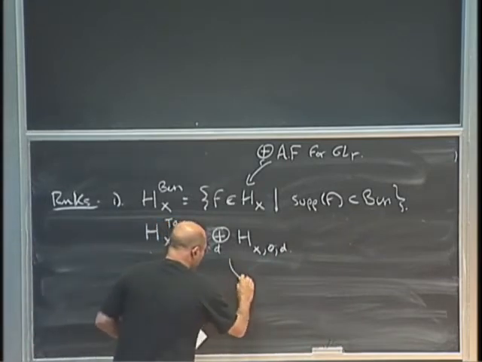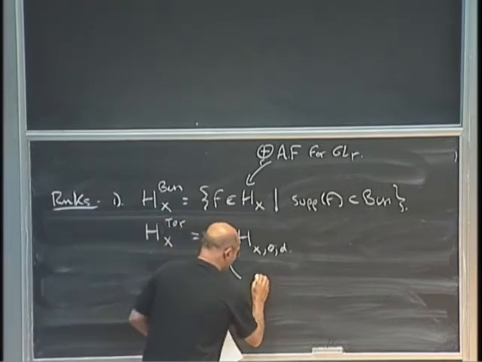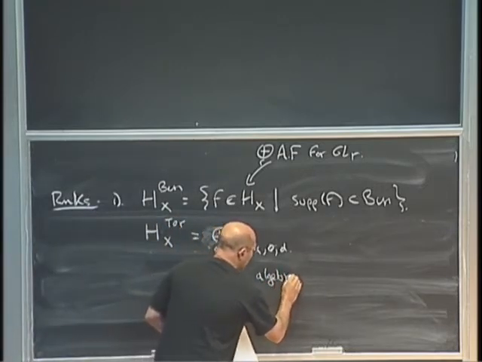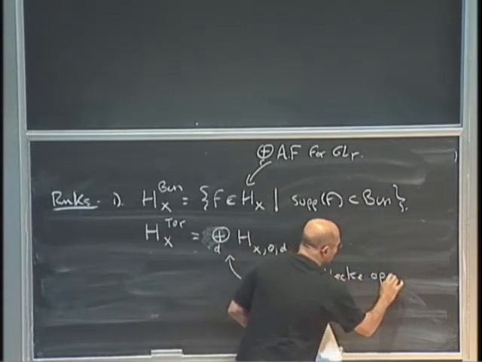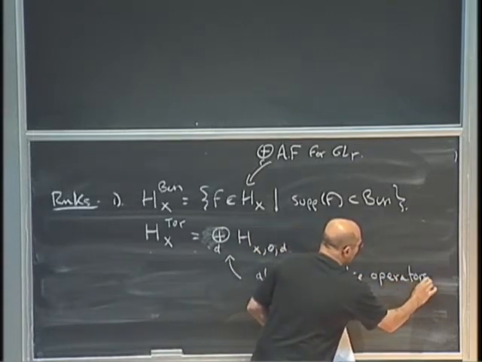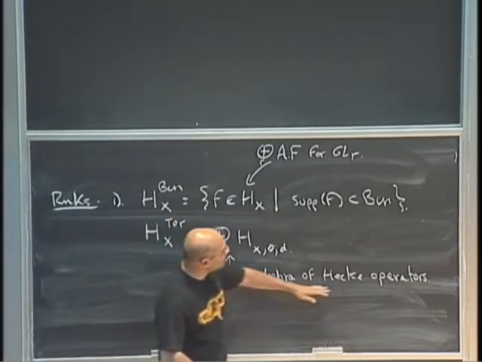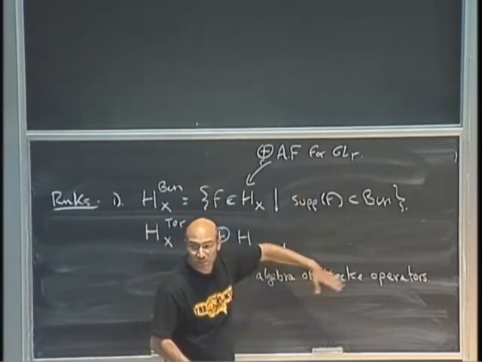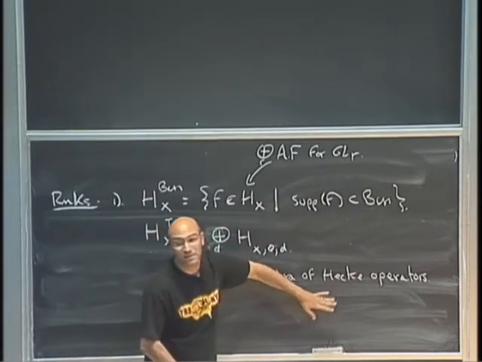And this piece here is related to the Hecke algebra. So this is the algebra of Hecke operators. You would like an algebra of Hecke operators for each GL_R, but you can put them in a tower, and this is maybe the algebra of Hecke operators for GL infinity.